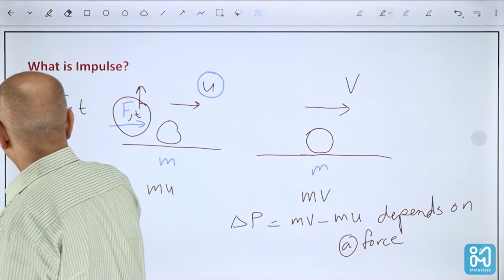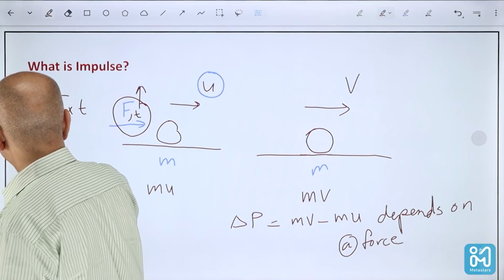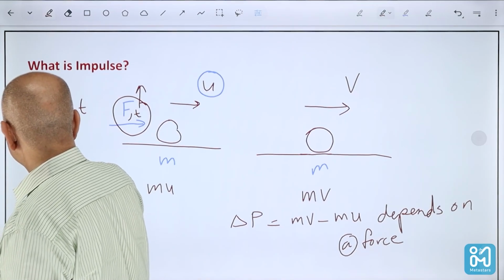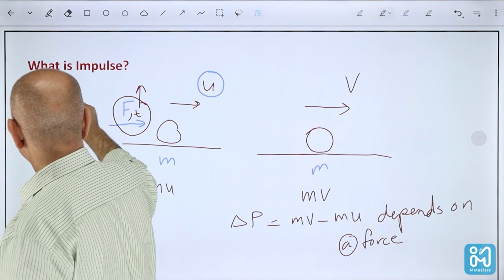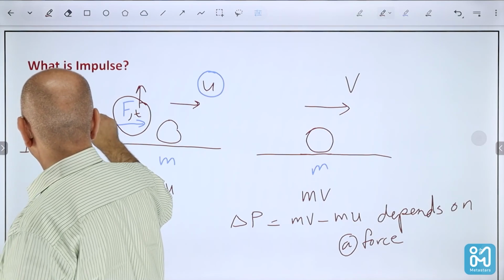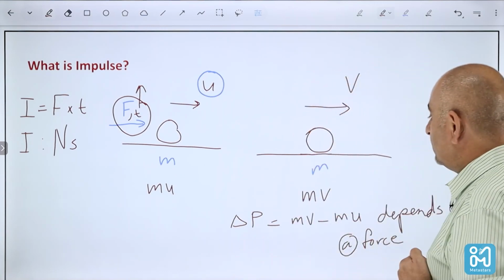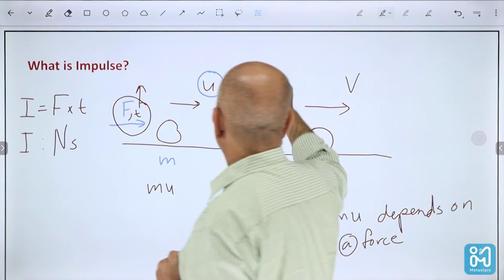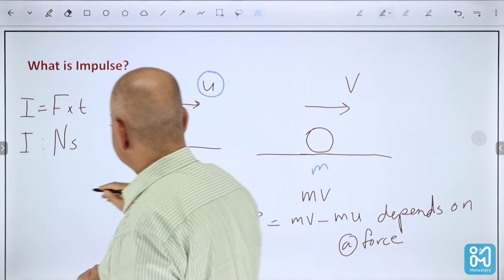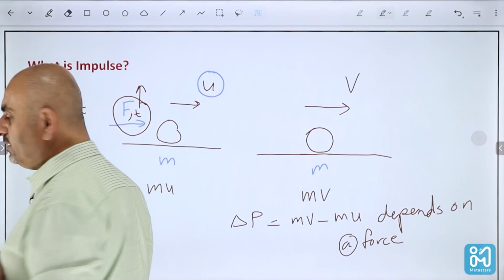So what's the unit of impulse? Impulse is measured in, well, let's see, what's the unit of force? Newton. What's the unit of time? Seconds. But keep in mind that kilogram meter per second and Newton seconds are the same. Look, in Newton seconds, you know that Newton is a force, right?